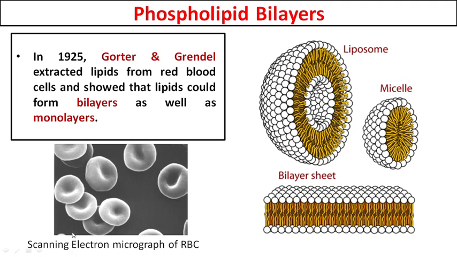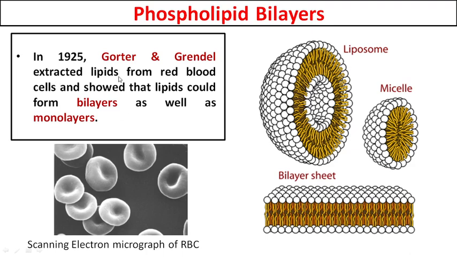This will show you the outer structure of the cells. RBC do not have any other organelles, so it was easier to get pure cell membrane from RBC.